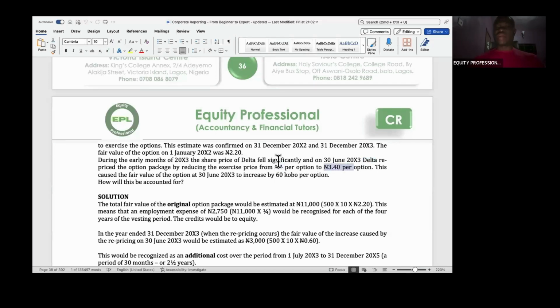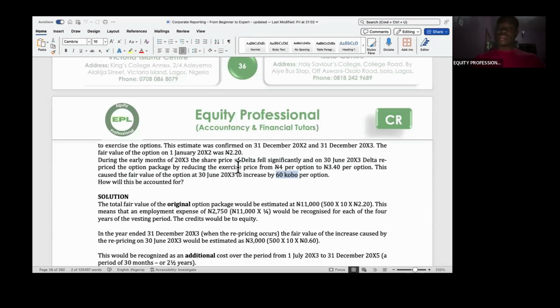So because the share price is falling, they had to reduce the exercise price by 60 kobo. Look at this next paragraph now. They now said this caused the fair value of the option in 2003 to also increase by 60 kobo. So the fair value of the option also increased by 60 kobo.